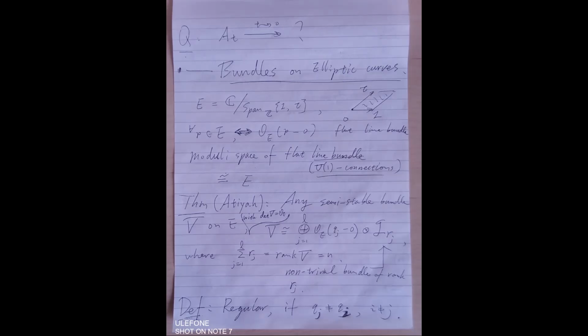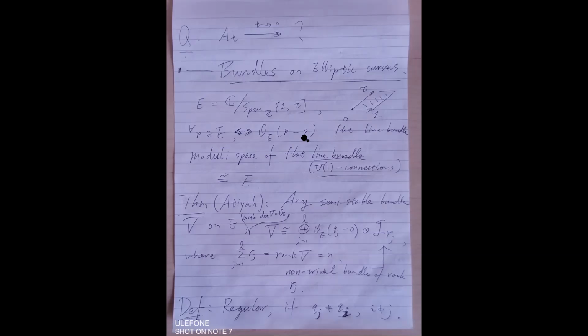So let's look at bundles on elliptic curves. Let's fix one elliptic curve, E equal to C modulo the Z^2 lattice, generated by 1 and tau. For any point on this elliptic curve, we regard this point as a divisor.